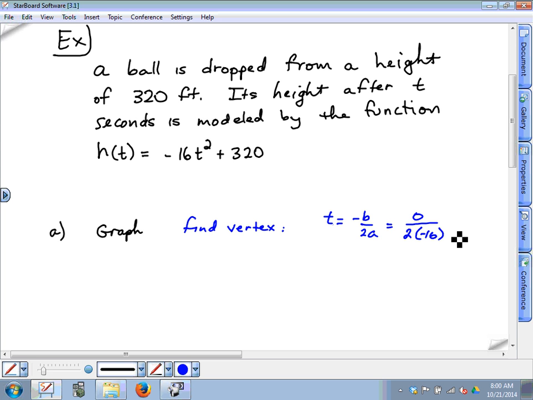It's 2 times negative 16, but 0 divided by anything is 0, so the vertex is 0, comma, and you plug in a 0 for t. 0 plus 320 is 320. What I was saying a moment ago, though, if you were really clever enough, you could have just known that this 320 moves the whole entire parabola up 320.